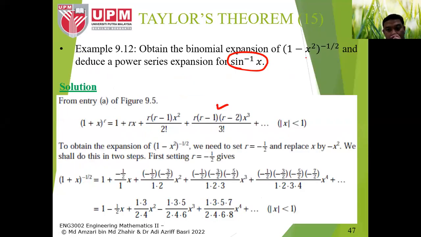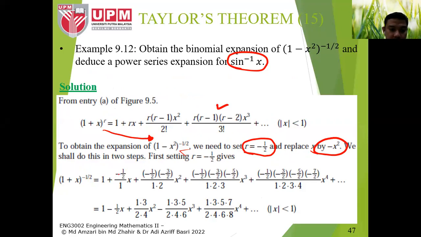Okay, so based on this function, we will compare with (1 plus x) to the power of r. So we can compare here. We know our r becomes negative 1/2, and we replace x with negative x squared. So we put 1 plus r x first.